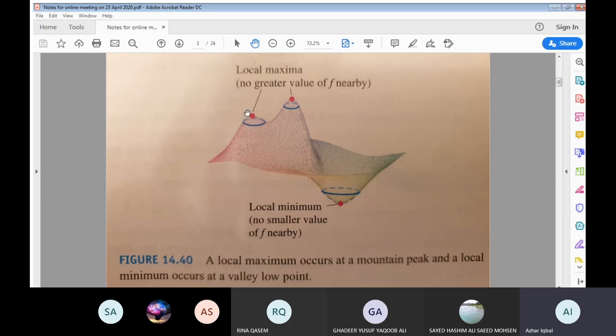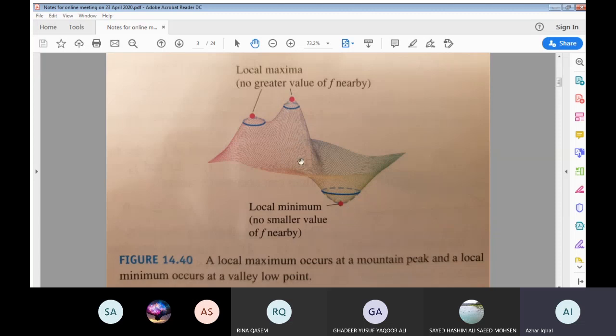You can see that this is the maximum value because if you are located within this disk, there is no other point at which the function achieves a higher value. Likewise, at this point there is a local maximum because within that disk there is no other point for which the function achieves a higher value than this one.